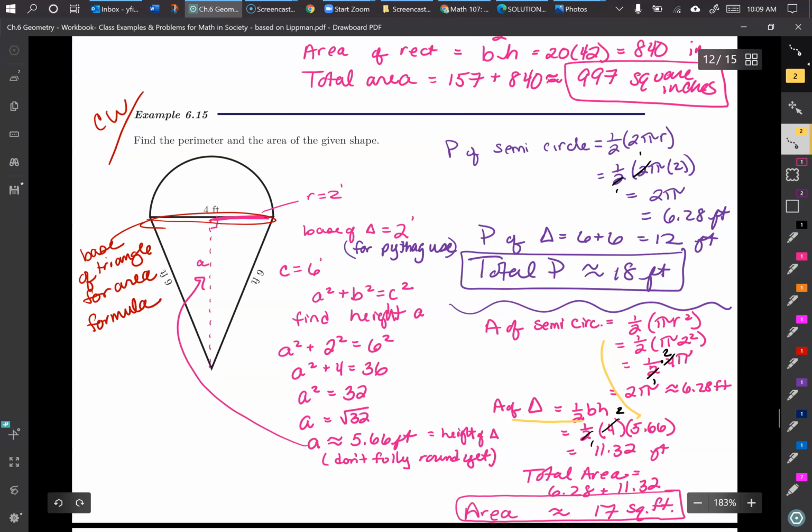However, the area of the triangle is half base times height. But what we need to consider here is that the base of that triangle is the entire length. Really the whole diameter of that semicircle is the base when we're figuring out area. We needed just the 2 for the Pythagorean purposes.